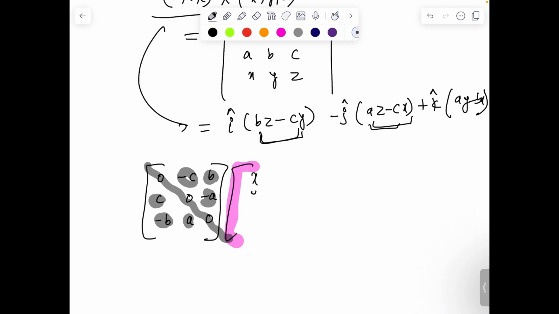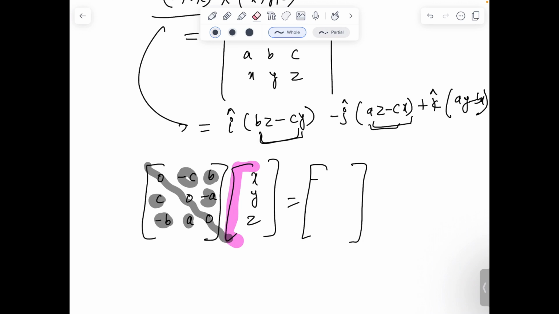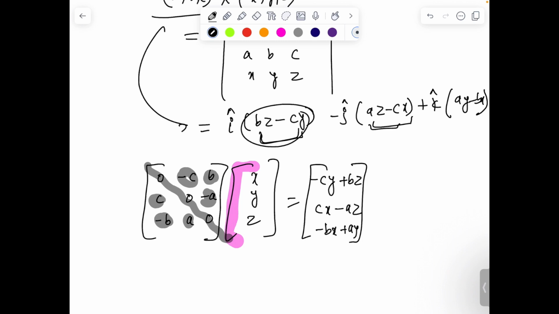Let's say I multiply this matrix with a vector (x, y, z). Let's see what the result is. The first component is minus cy plus bz, the second is cx minus az, and the third is minus bx plus ay, and you can clearly see this is the i component, the second part is the j component, and the third part is the k component.